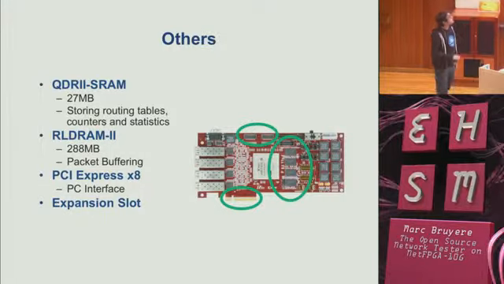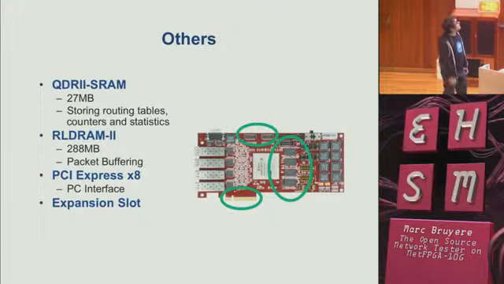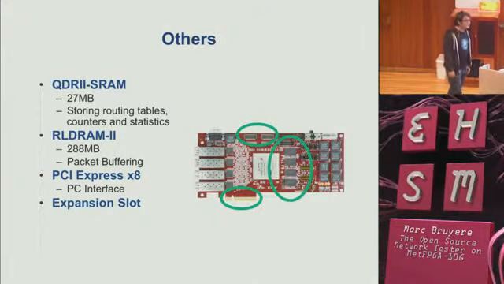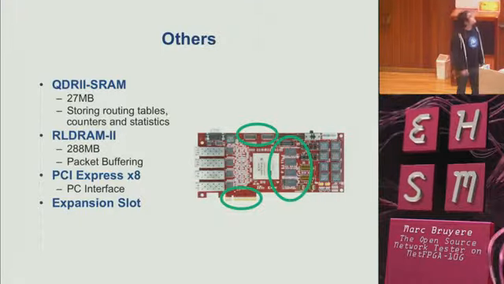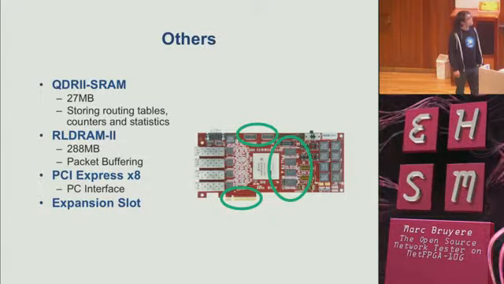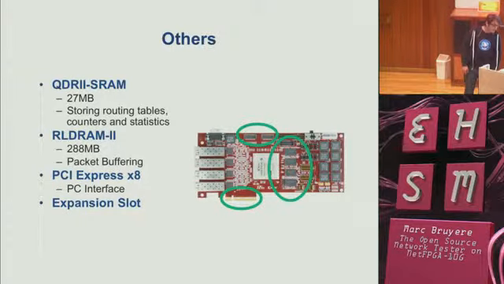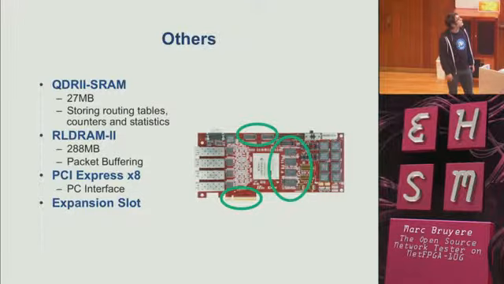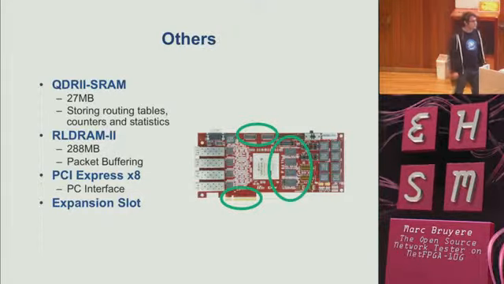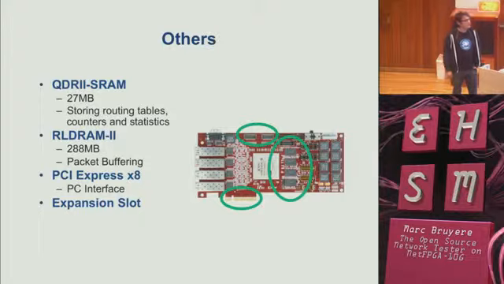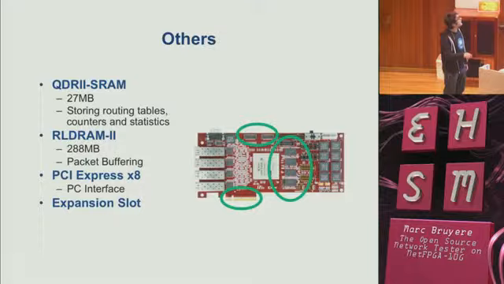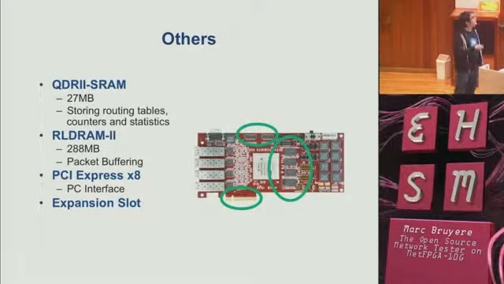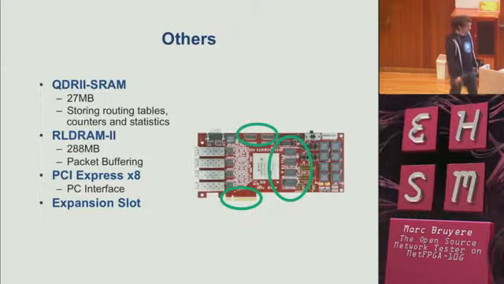On the board itself, we have SRAM for storing routing tables or CAM or different information you want to have on very high-speed connections. And there's a DRAM also for being able to buffer some part of the things you want to tweak. The PCI Express connector is the endpoint, and the difference from the 1 gig is that it's directly on the Virtex itself.